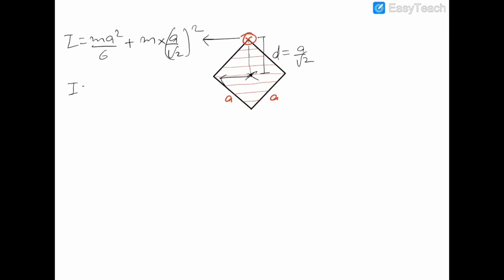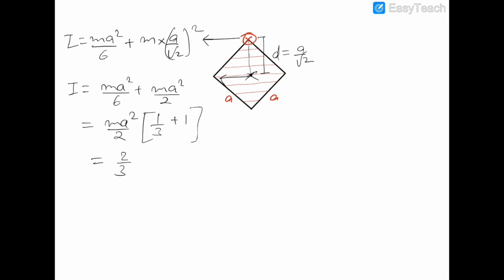So this I will be equal to ma square by 6 plus ma square by 2. So ma square by 2 is common, and this is 1 by 3 plus 1. So this is 2 by 3 ma square.